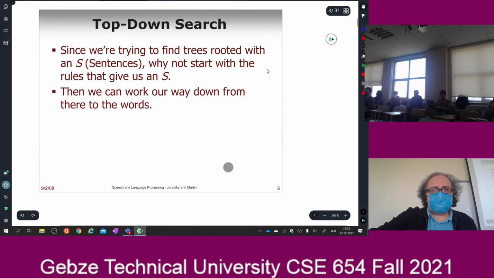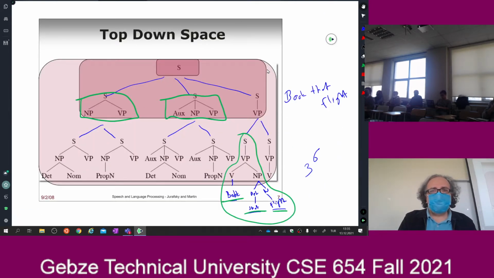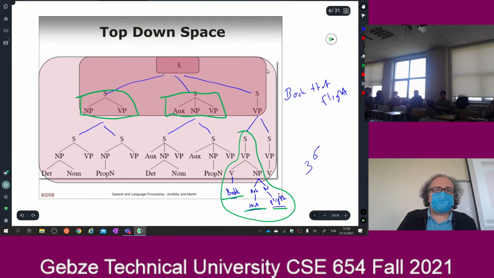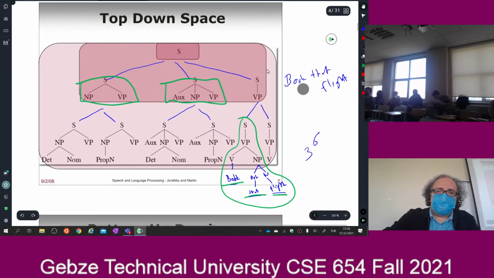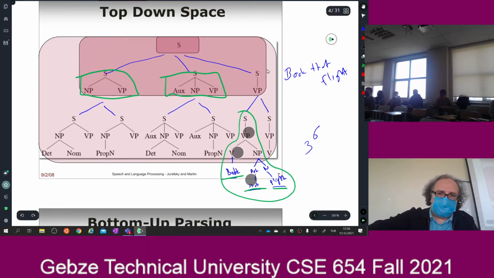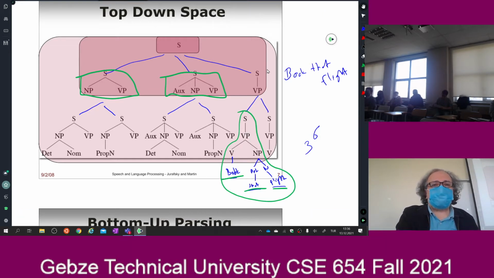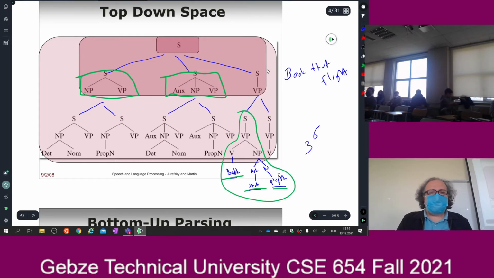Okay, so we did top down and we did bottom up. This was the top down strategy. From this grammar we can derive many different trees. So with the top down approach, if my sentence is "book that flight", I am trying to reach this tree here. Every branch of this search tree is another tree. So this is the first tree, second tree, and third tree, and we expand each of them.